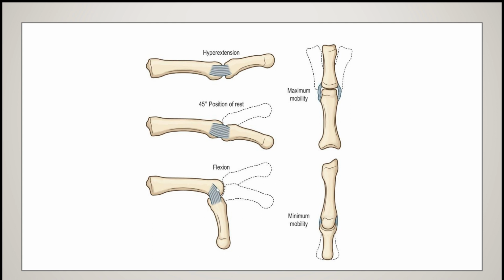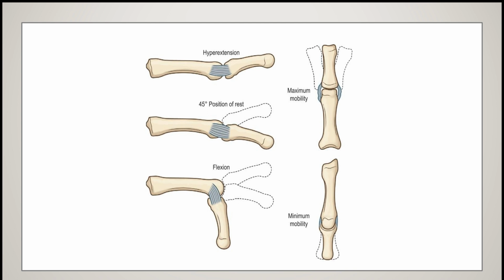You can see there is a difference in how tight the collateral ligament is at flexion and extension of the joint, which is logical, because when I open my hand wanting to grab something, it is logical that my fingers would be allowed to take more space to surround the thing I want to catch. However, upon closing my hand, like holding a hammer, for example, I would want them to be stable to stabilize the thing that I'm holding.